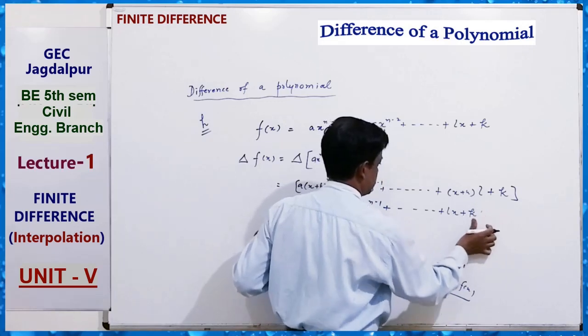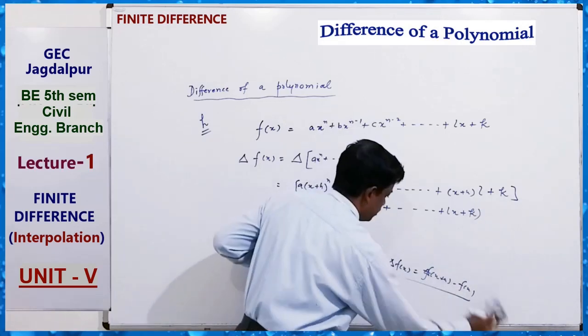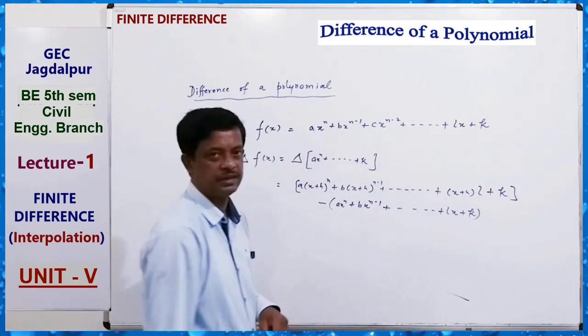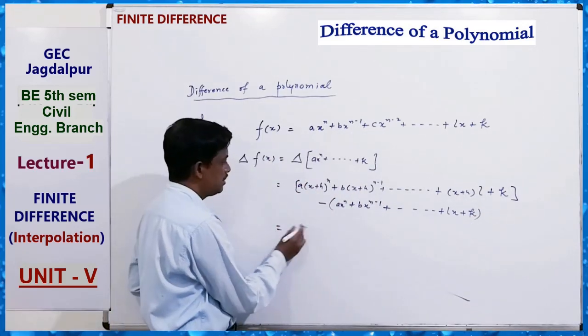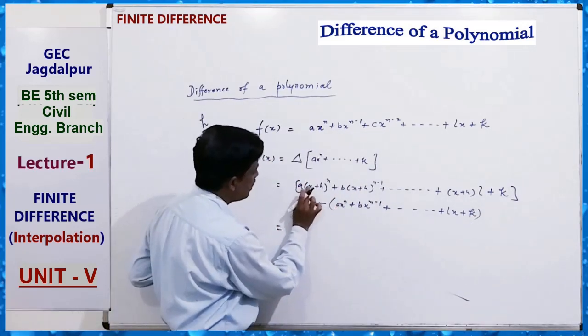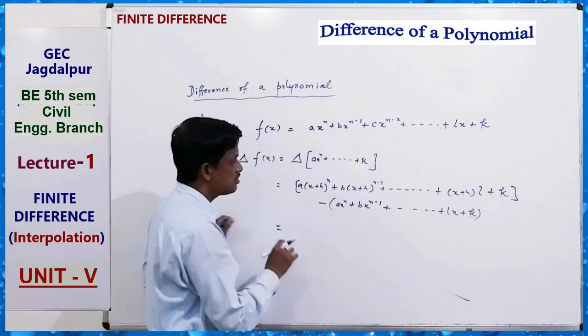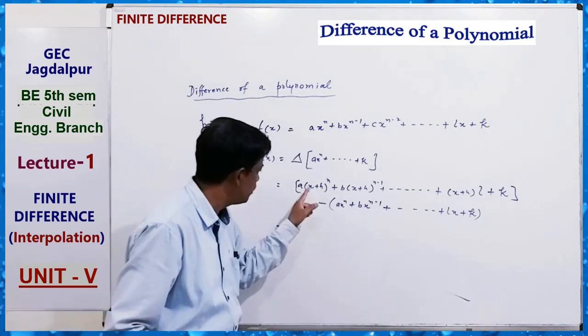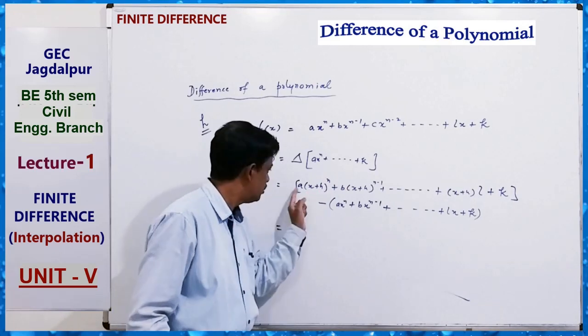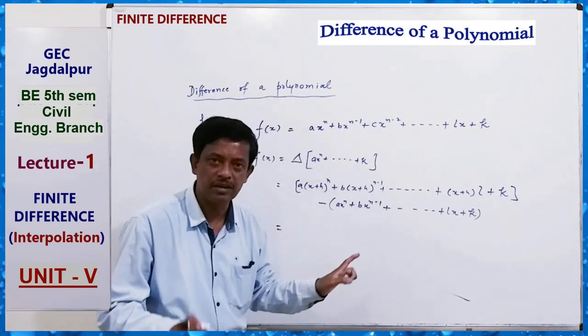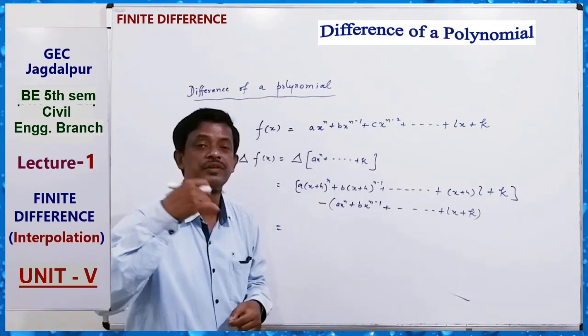Just we can differentiate it. Now here we can see that a(x+h)^n, if binomially expanded, the first value will be x to the power n. A into x to the power n will be cancelled out, and the second term will be x to the power n minus 1.